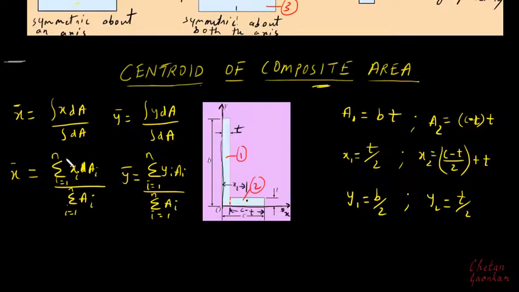Then to determine this x bar, if I expand this for this shape, it will be x1 a1 plus x2 a2 divided by a1 plus a2, right? Because our i goes from 1 to 2, because we have only two shapes.